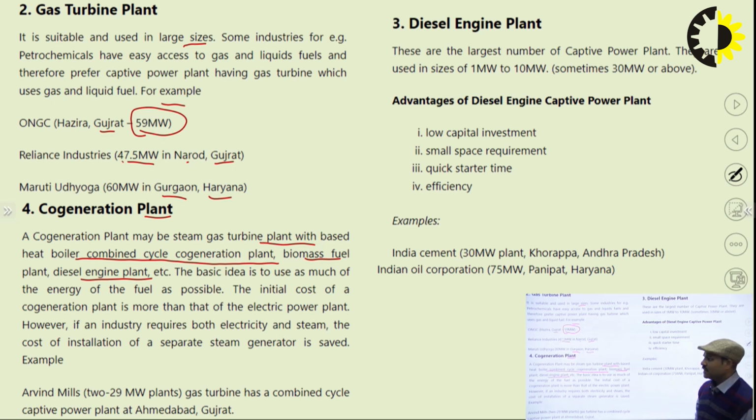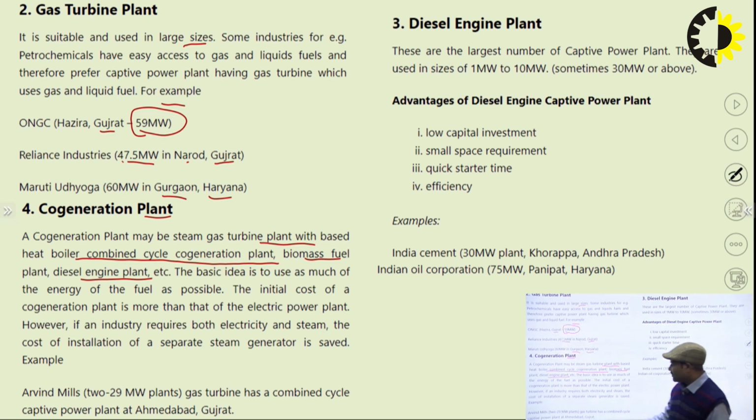In this way we can generate much electricity without wasting the energy of the fuel. The initial cost of a cogeneration plant is more, because we are combining two different types of technology together, but later on, if an industry requires both electricity and steam, the cost of installation of a separate steam generator is saved.